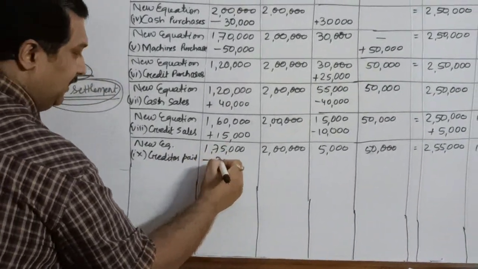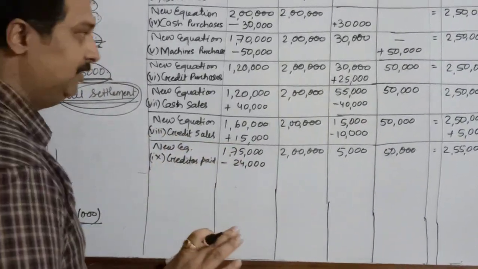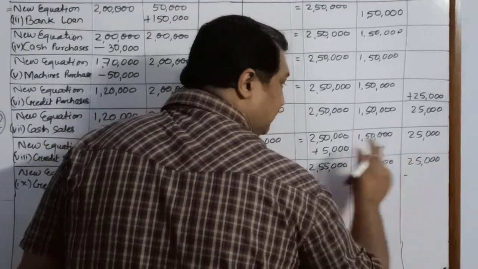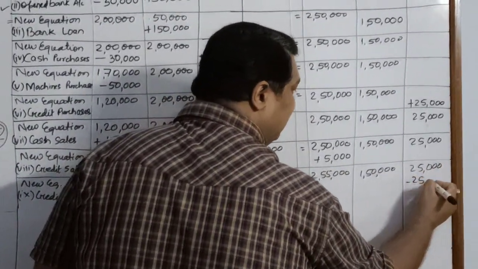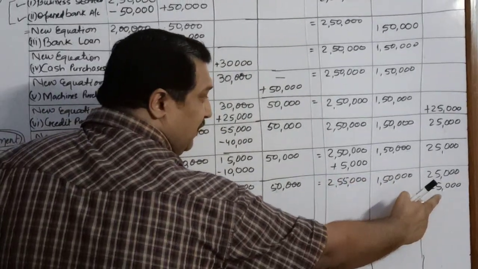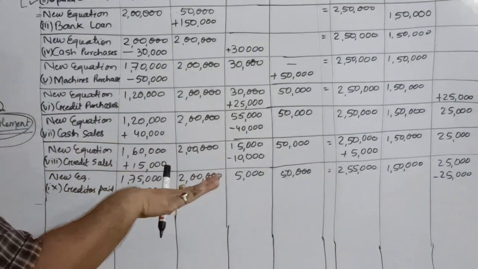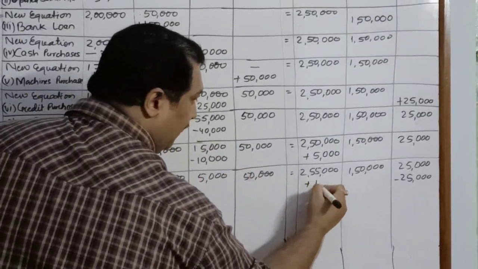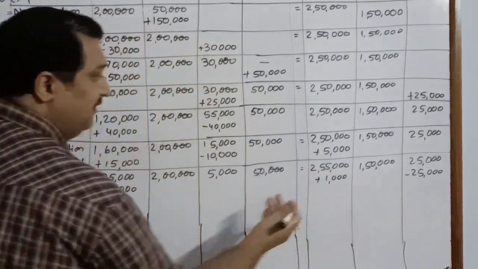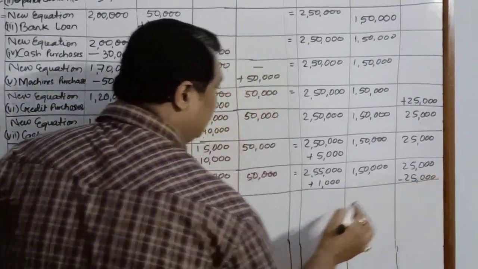My cash will decrease by 24,000 because I have paid only this much. In full settlement, the entire account will be closed now. I have paid less, so I am at a profit. I got a discount of 1,000, so that will increase my capital. So after this, what is the new equation?